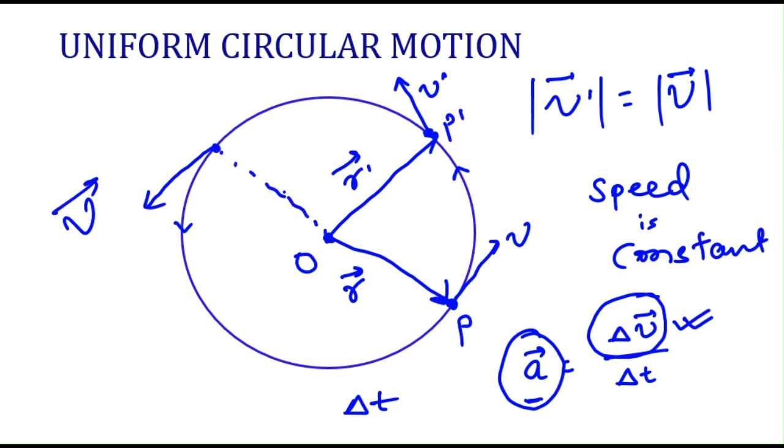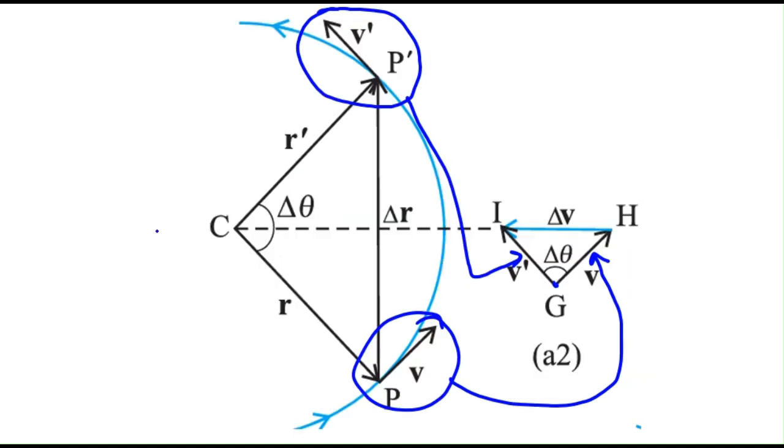You can say it is making a right angle with this radius. So here we have this velocity v prime perpendicular to this r prime vector, and this velocity v perpendicular to this r vector. So if these two velocities are perpendicular to these two position vectors, we can say one thing.